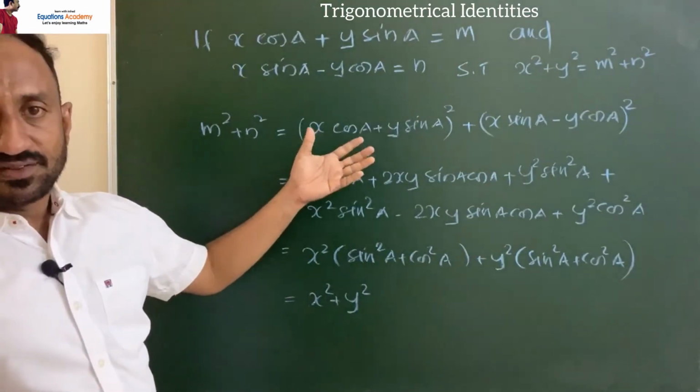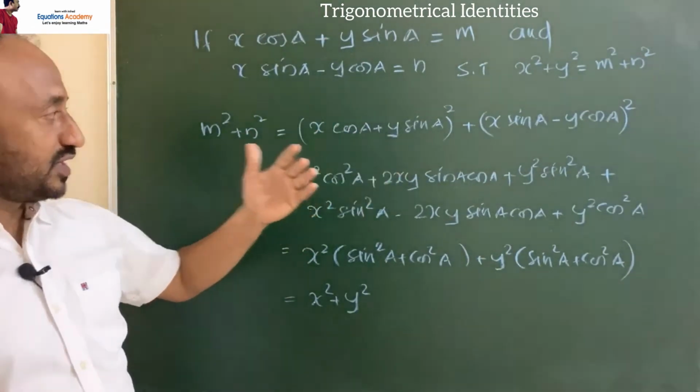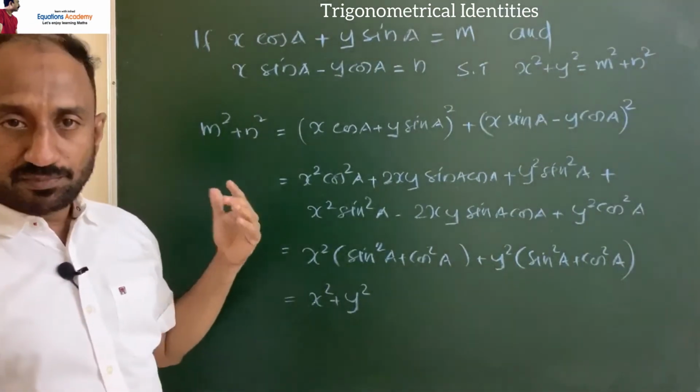This we will expand using a plus b whole square, a square plus 2ab plus b square.